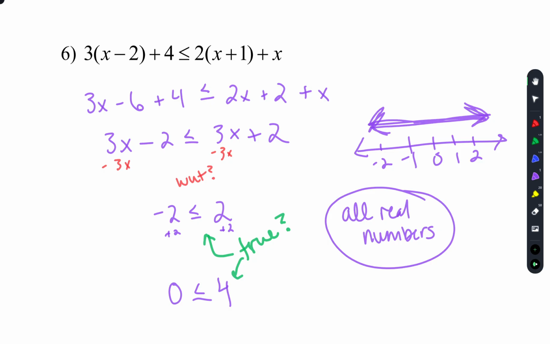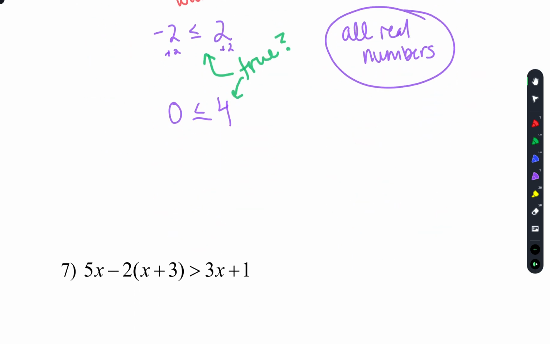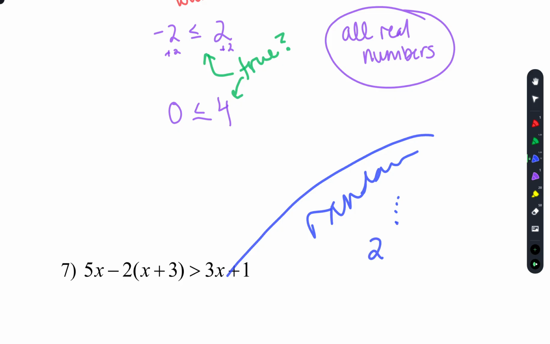Say I'm just doing a random problem, and you did all your algebra and you got 2 is less than -5. That's not true, right? 2 is not less than -5.